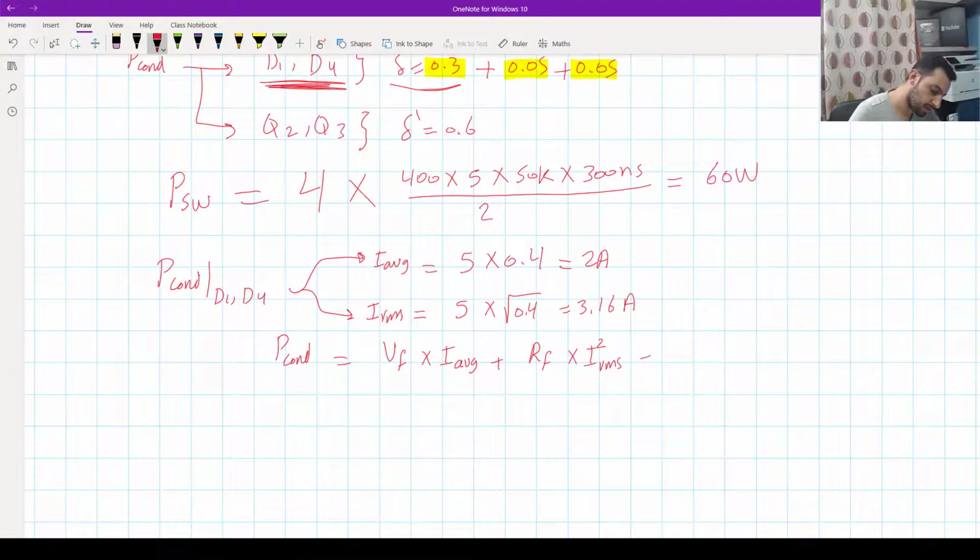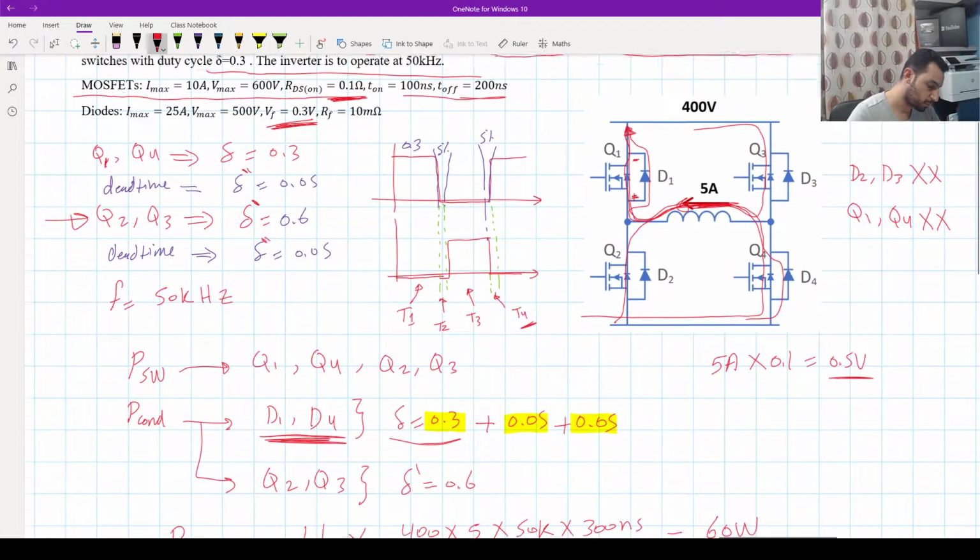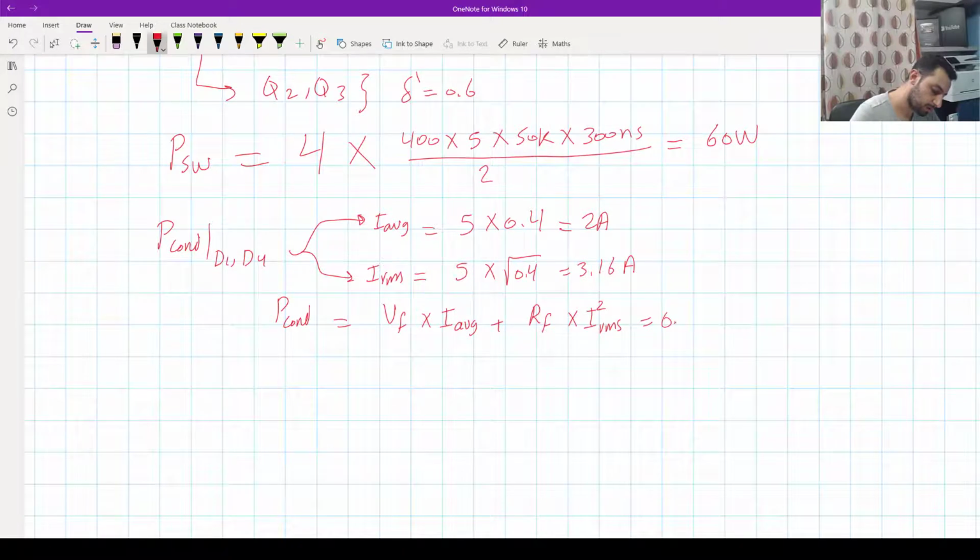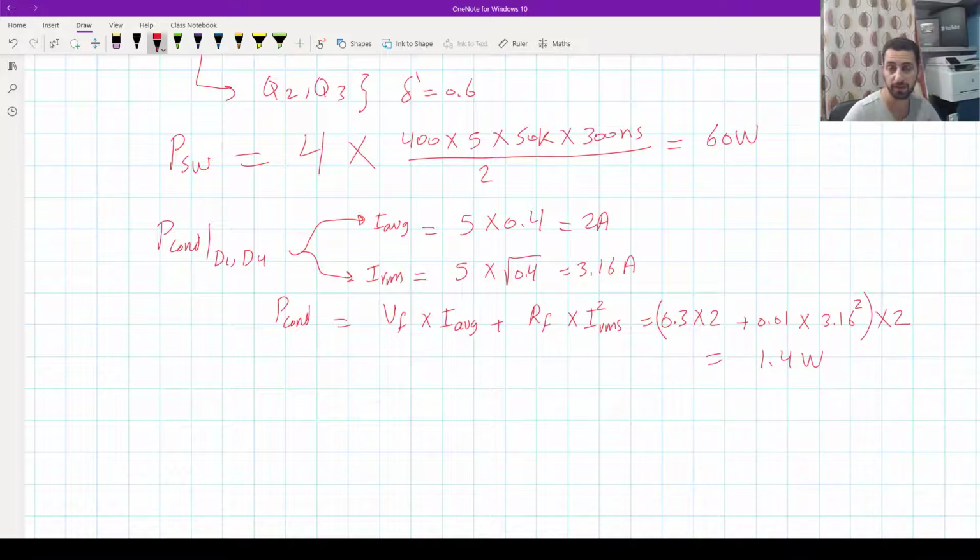Okay, and that gives us: the average forward voltage is just 0.3 times the average current 2, plus 10 milli times 3.16 square, and that will give us a value of, and please don't forget that all of that should be multiplied by 2 because we have 2 diodes here, okay? And that will equal 1.4 watt, okay? So if you forgot to multiply it by 2, that means you just calculated for one diode and you have to add the same amount for the second diode, okay? We have 2 diodes here, okay?